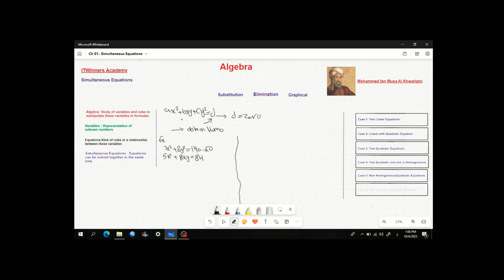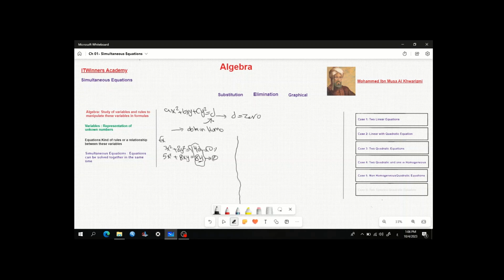What I can do here to eliminate the d term is add or subtract the two equations so that it becomes 0.